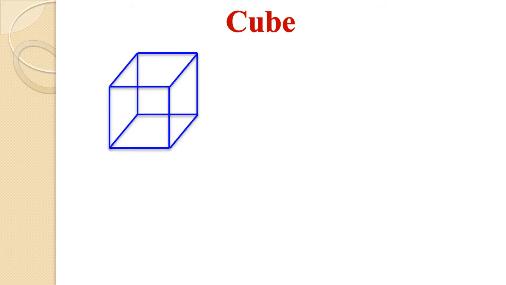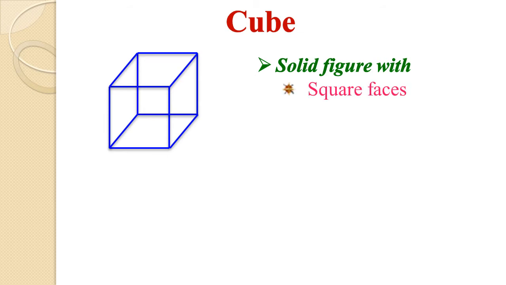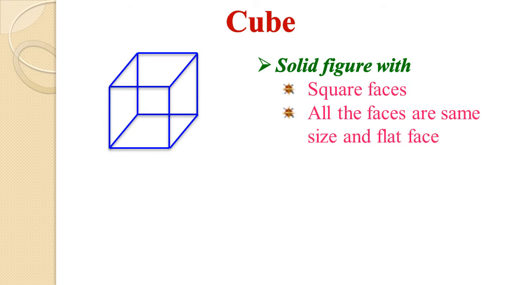Now coming to the cube. A three-dimensional shape whose length, breadth and height are equal is called a cube. That is, a cube is a box with square faces, which means all the faces are the same size and flat faces.